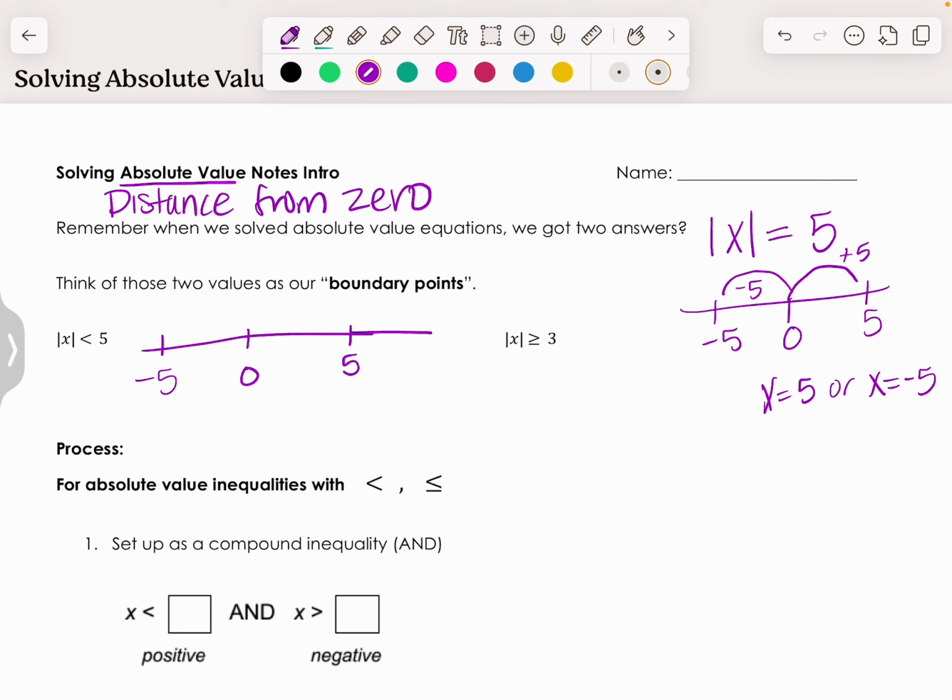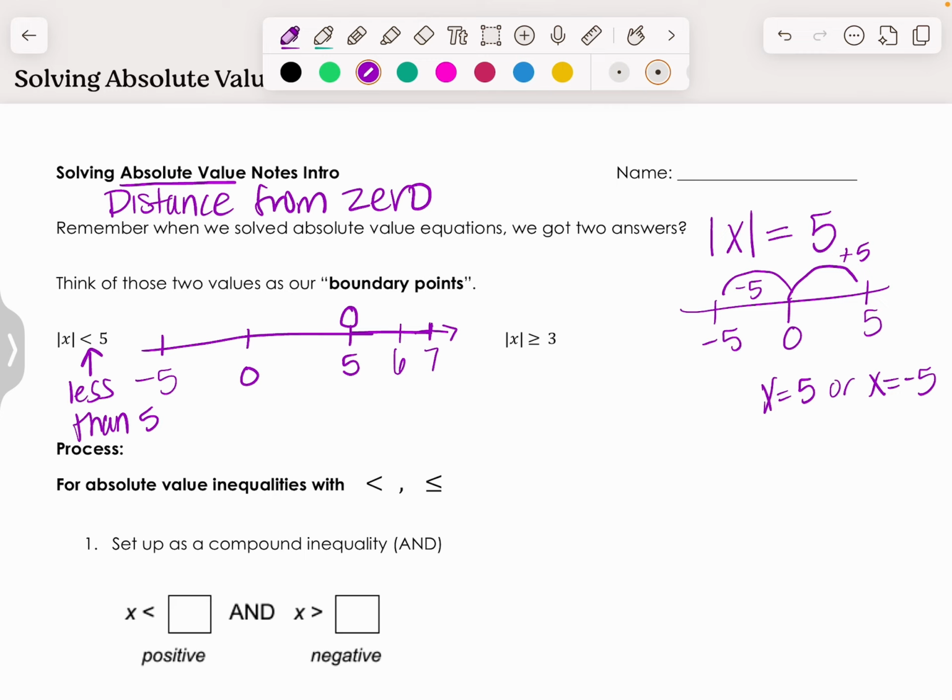We know for sure that we can't go over positive 5, because that would be getting too far away from 0. If we went out to 6 or 7, then we would be too far, because the absolute value of 6 is 6 away from 0, and we want it to be less than 5.